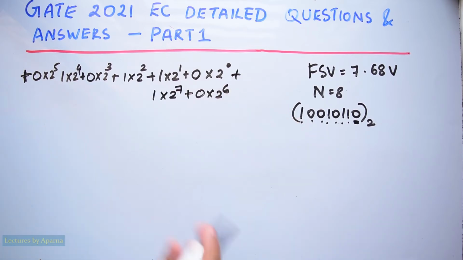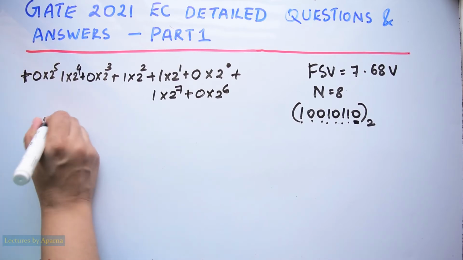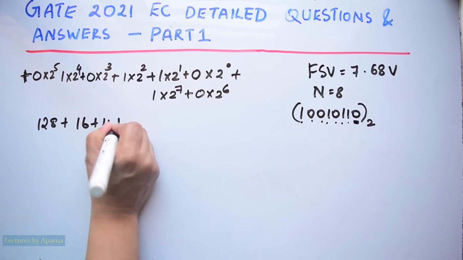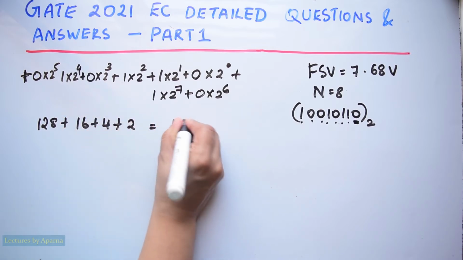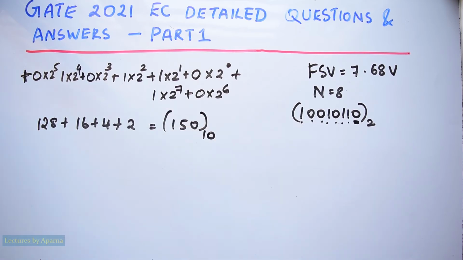So you have to add all these. You will get 128 plus 16 plus 4 plus 2, which is equal to 150. So this is the decimal value corresponding to this binary value.